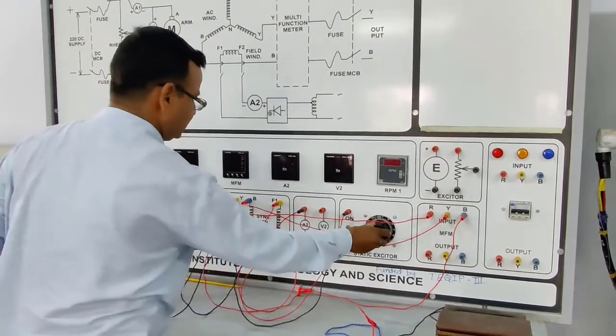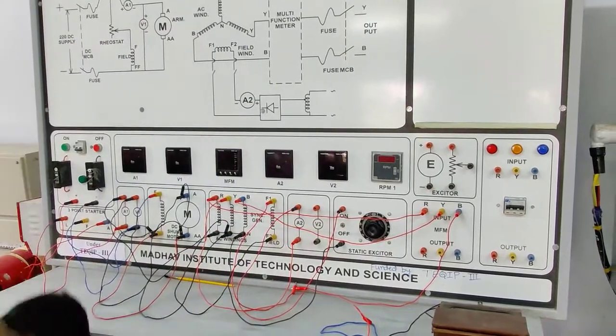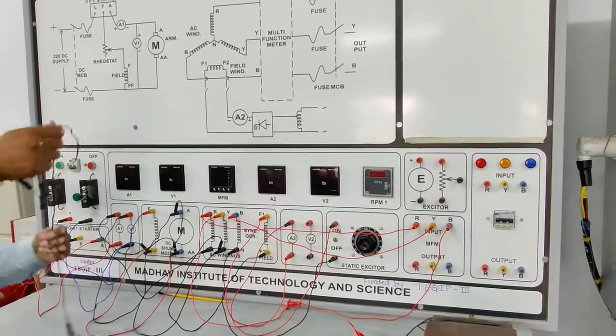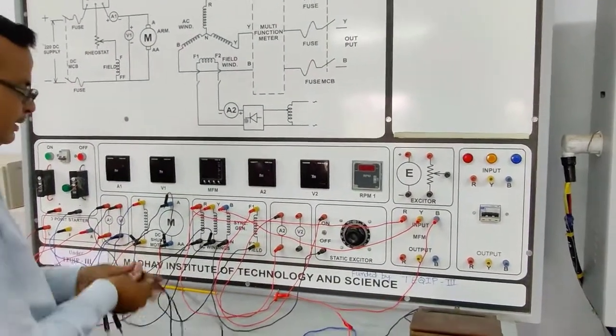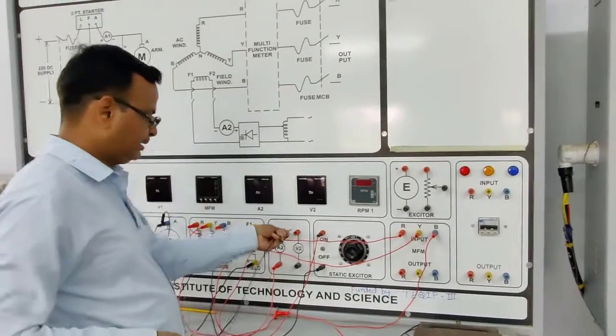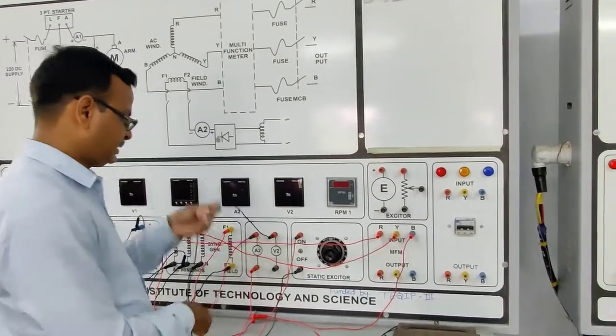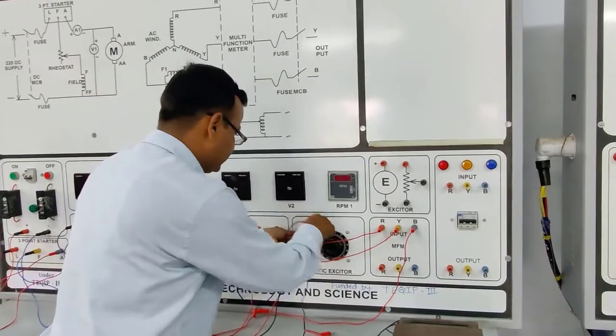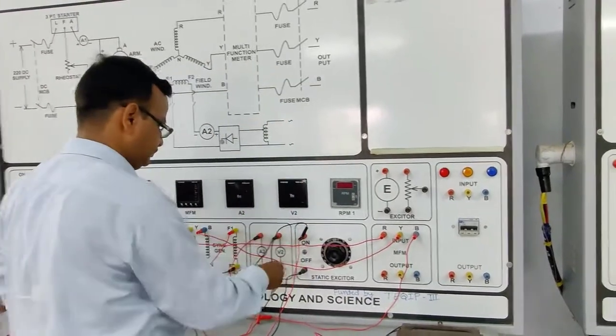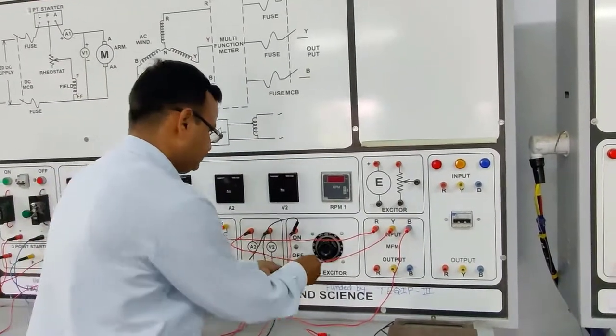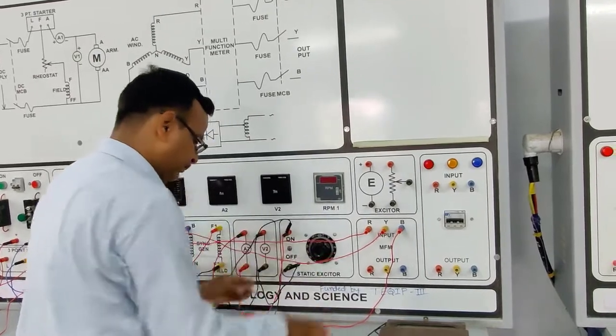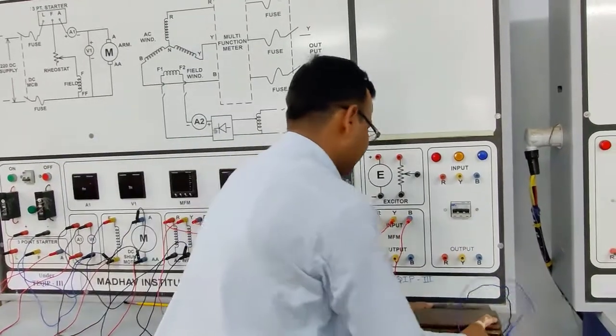So these are the connections for the exciter, and connect a voltmeter in parallel for measuring the DC voltage. So the circuit is completed for the open circuit test.